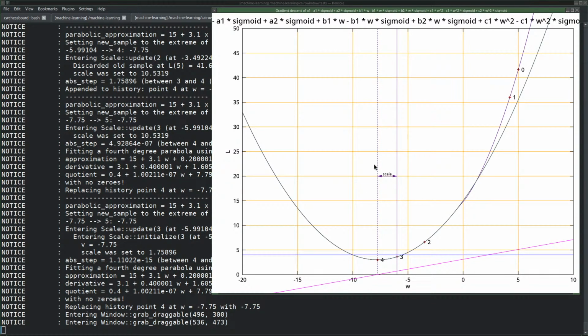I don't think this is a problem. The problem is that we're just stuck in this minimum and we're not realizing that we're done. Okay, what should I do? No zeros.